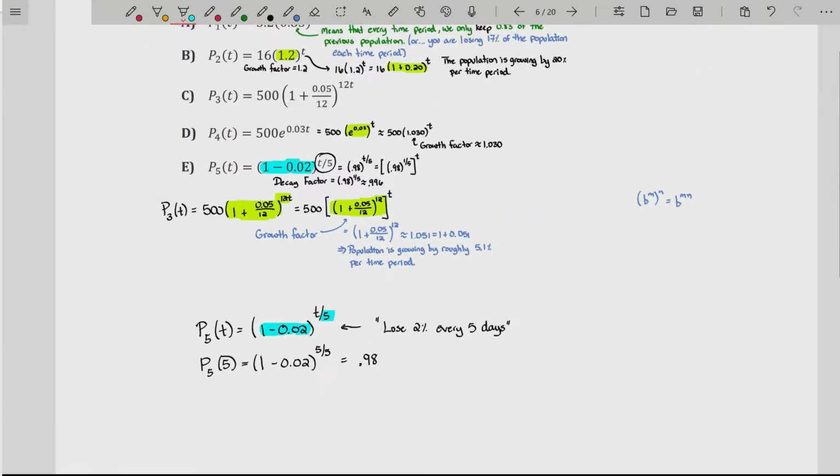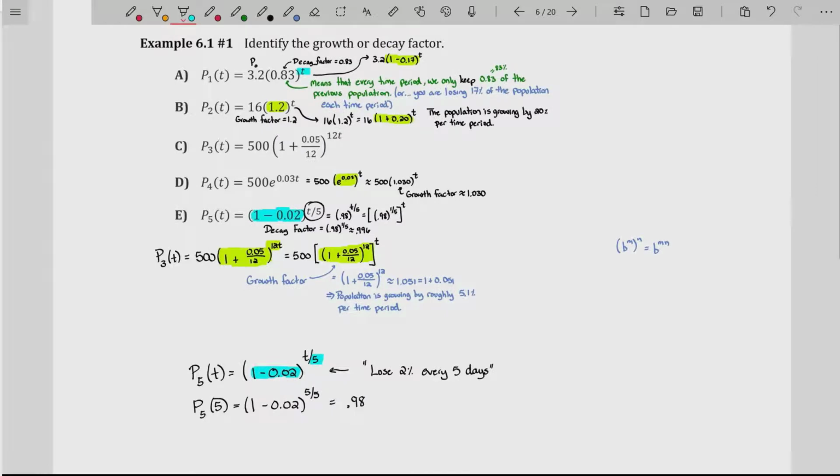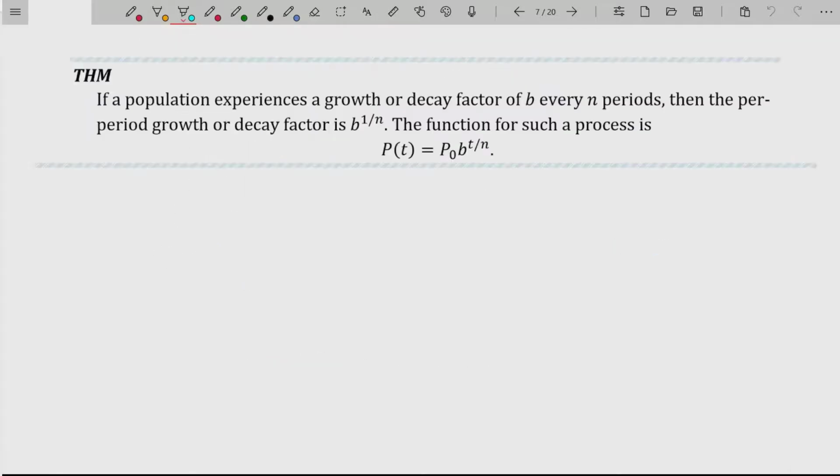All right, so there's a laundry list of growth or decay factors. And this theorem is just a summary of what I just said. If a population experiences a growth or decay factor of b every n periods, then the per period growth or decay factor is b to the 1 over n. The function for such a process is p of t equals p naught times b to the t over n.